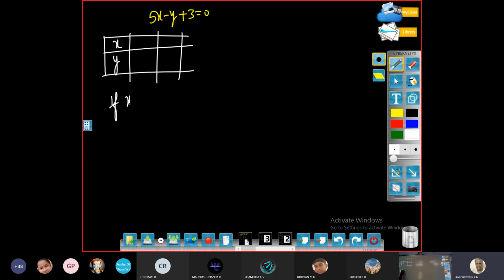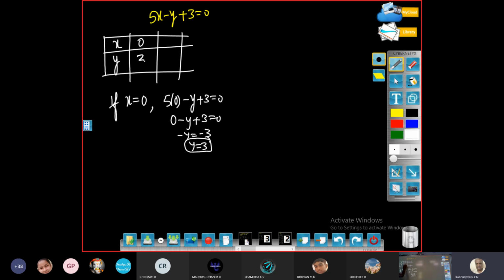Suppose x is equal to 0, what happens? 5 into 0 minus y plus 3 is equal to 0. So 0 minus y plus 3 is equal to 0, so minus y is equal to minus 3, or y is equal to 3.